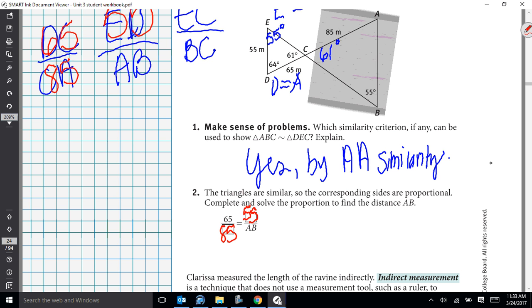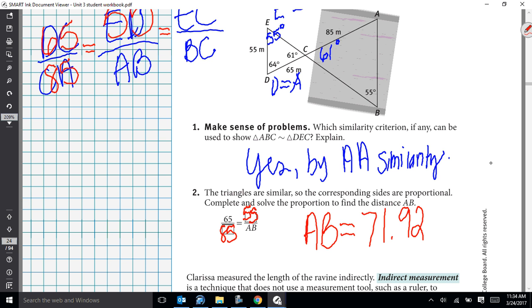Yes. Because we show that by angle and similarity, the triangles are proportional, and we know that all of those ratios are going to reduce to the same amount. We're using the same scale factor to get the side length. So what do we get for AC? What is the length of AC? The answer becomes 71.92.